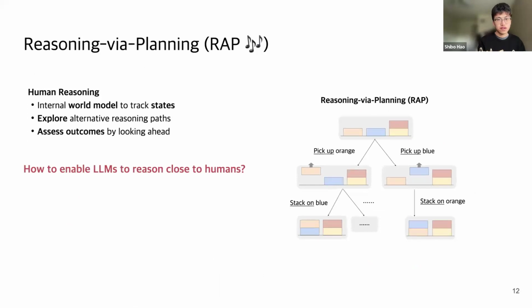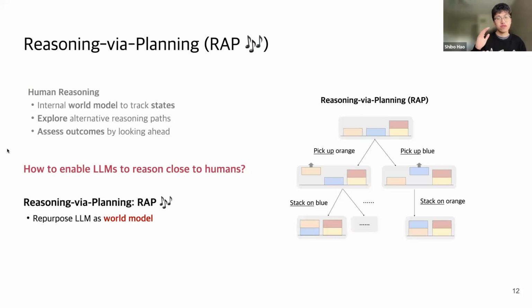So then the problem becomes how we can enable large language models to reason in a human-like manner. And here we propose Reasoning via Planning, a novel framework for language model reasoning that corresponds to the three advantages of human reasoning.